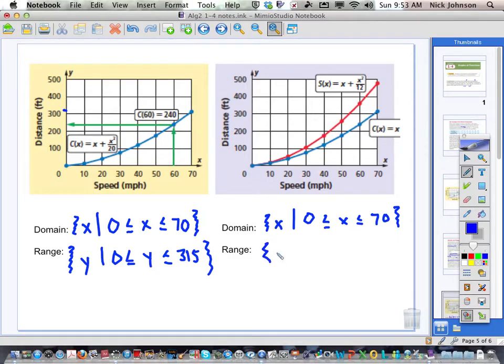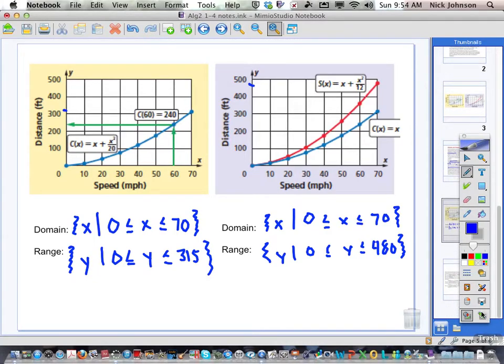And my y's go from 0 all the way up to 480. Okay? Simple enough. X is left to right, domain left to right, ranges up and down.